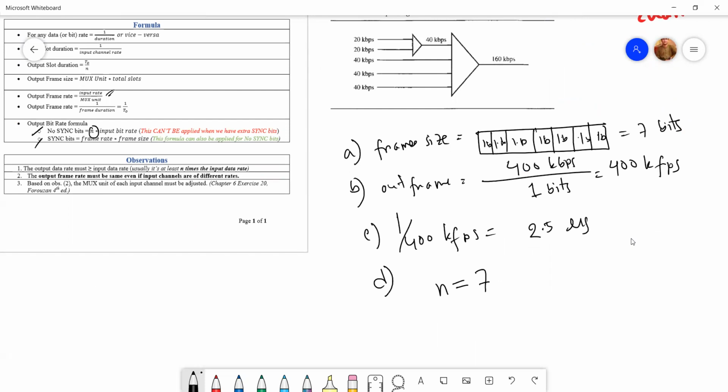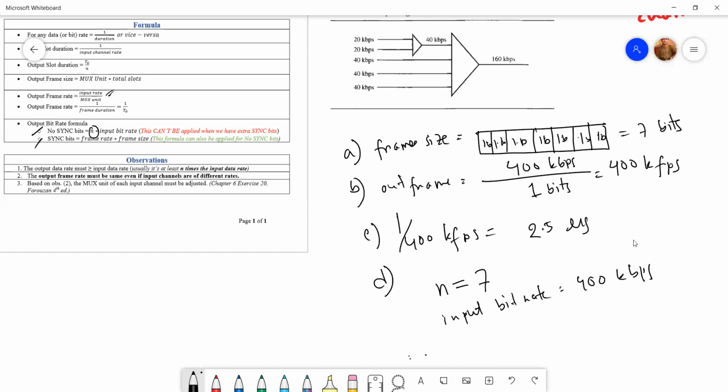So n is equal to 7, the number of channels, and my input bit rate is 400 kbps, right? Input bit rate is basically 400 kbps.